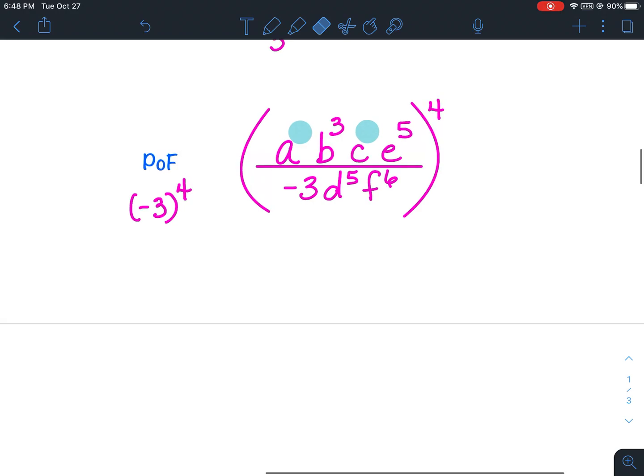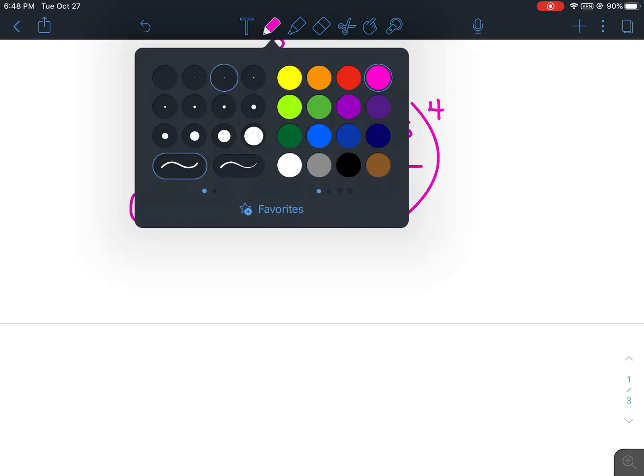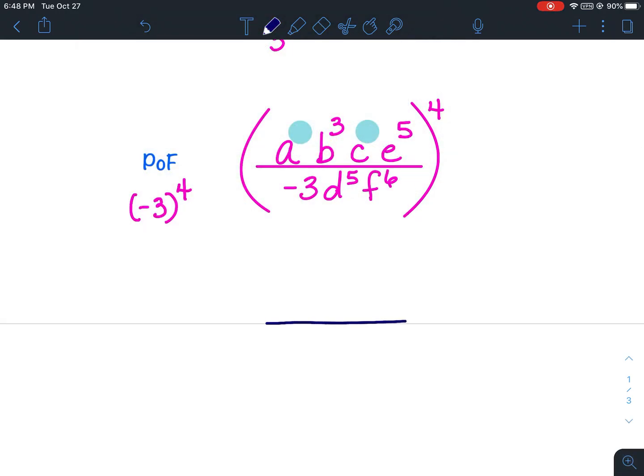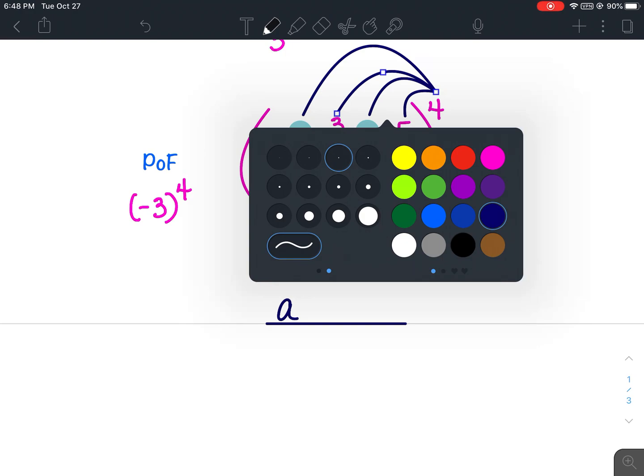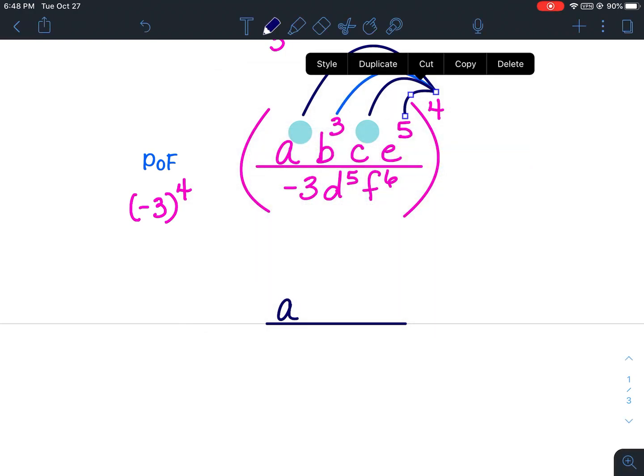All right. So on top now, I'm going to multiply these exponents. Again, you're multiplying exponents.